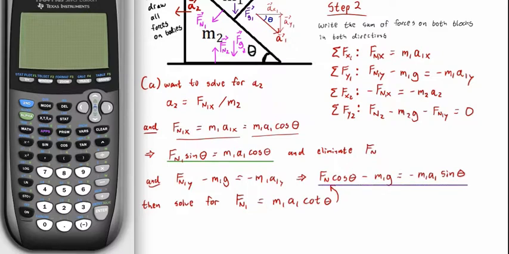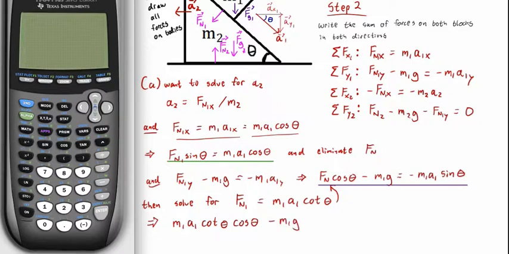Okay, so what does that look like when we make that substitution? Well, that's going to become m1 a1 cotangent of theta, times cosine of theta, and then minus m1g.